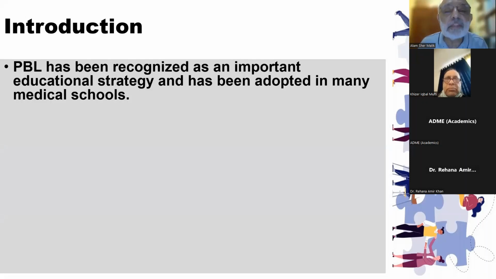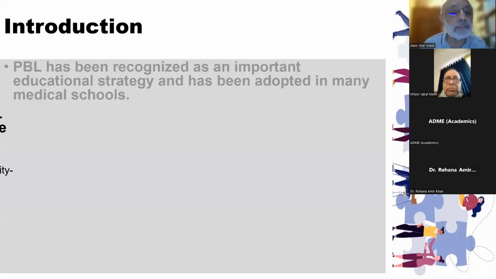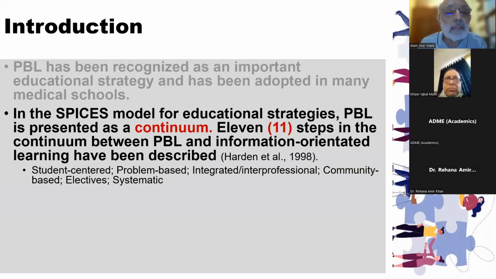Problem-based learning has been recognized as an important educational strategy and has been adopted in many medical schools. In the SPICES model of educational strategies, PBL is presented as a continuum. 11 steps in the continuum between PBL and information-oriented learning have been described.